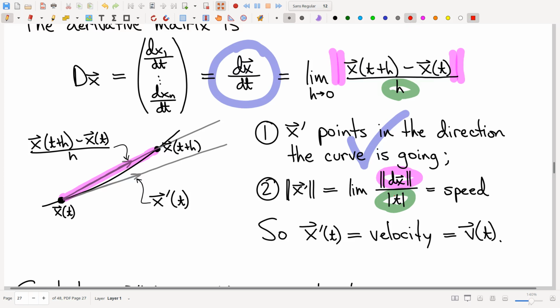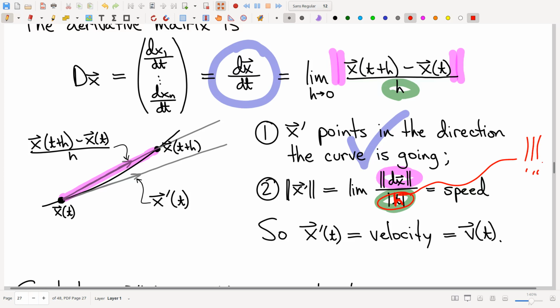Sorry, this should be an h. Make sure to correct that in your notes. H down there. So altogether, what we're looking at is distance per unit time, and that's another familiar physical concept. Distance per unit time is speed.